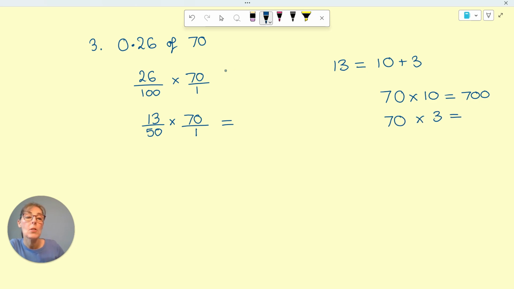Well, I know 3 sevens are 21. So 3 70s are 210. So if I add that together, I've got 910 at the top and 50ths at the bottom. If I divide the top and bottom by 10, I've got 91 fifths.